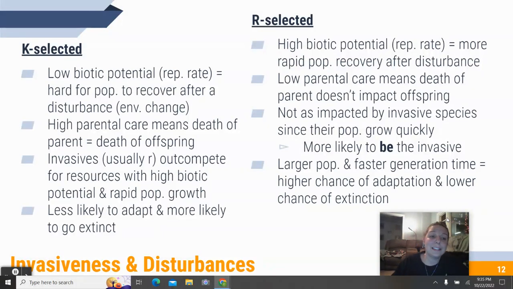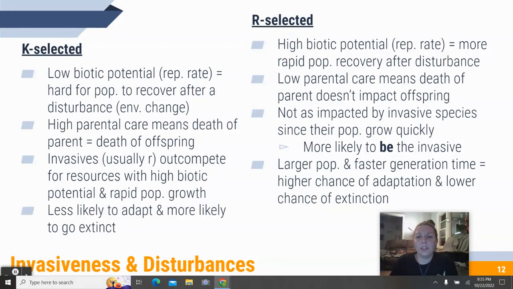Now, when it comes to K selected, those invasive species are typically able to outcompete for resources because they have high biotic potential and rapid population growth, so there typically tend to be more of them present in the ecosystem. Sorry, guys.